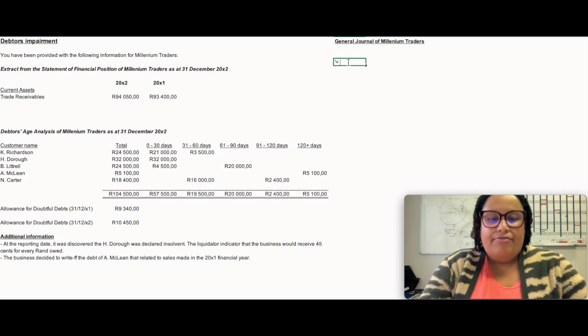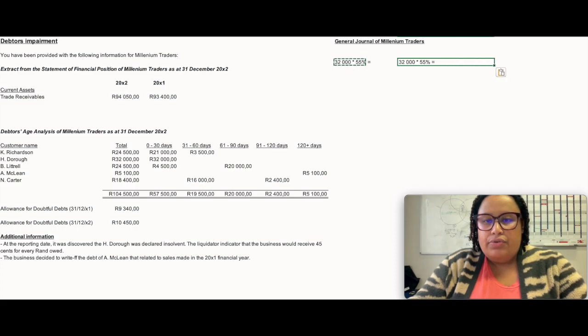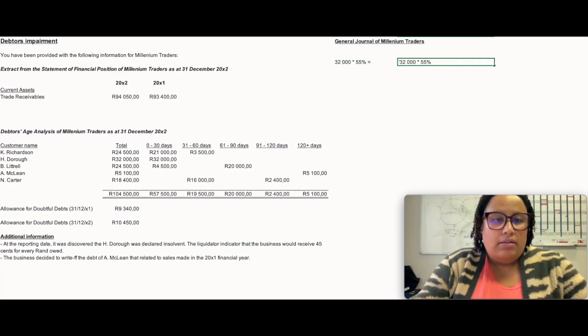We would have the amount outstanding, which is 32,000, and we would multiply that by 55 cents effectively, because that is what is being written off. Let me now calculate what this is.